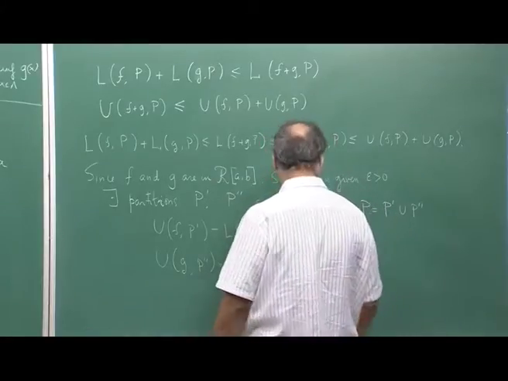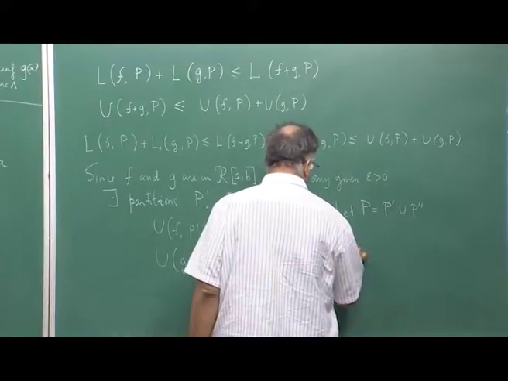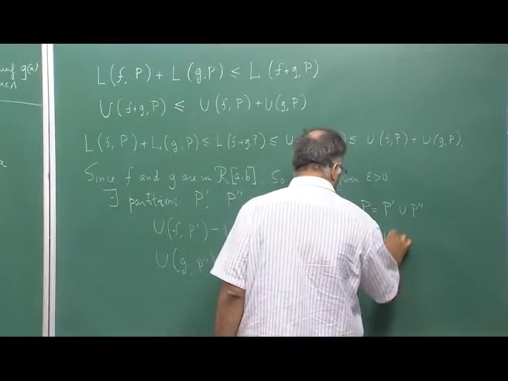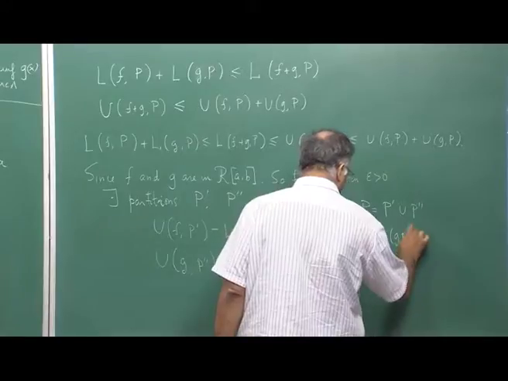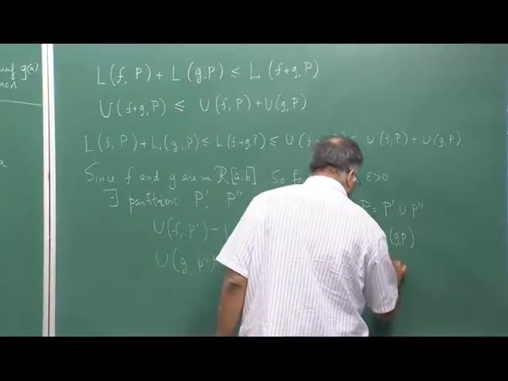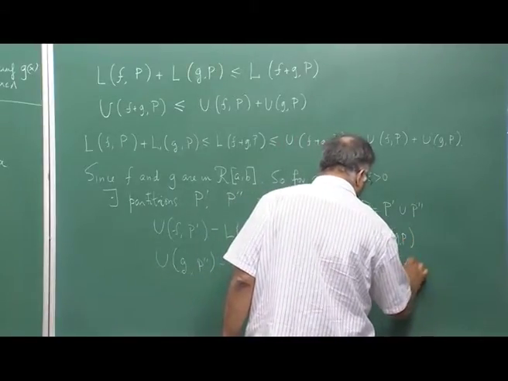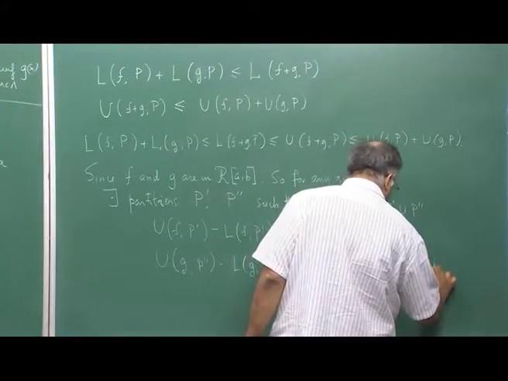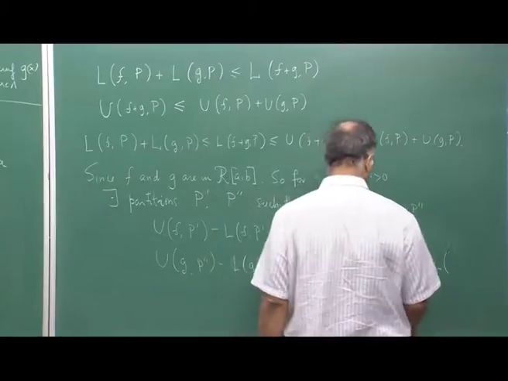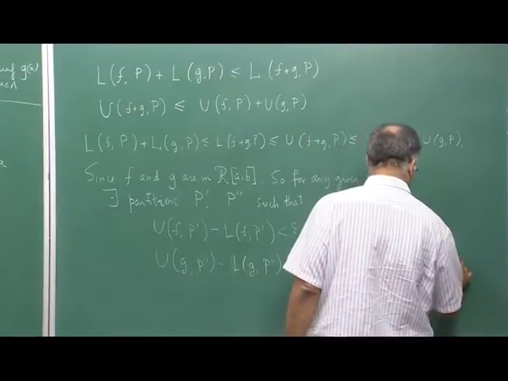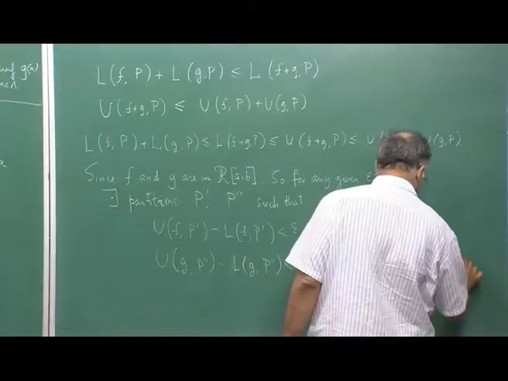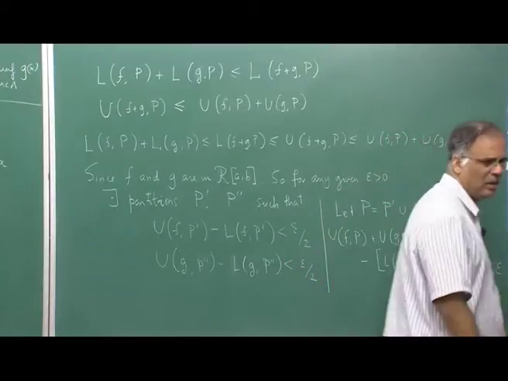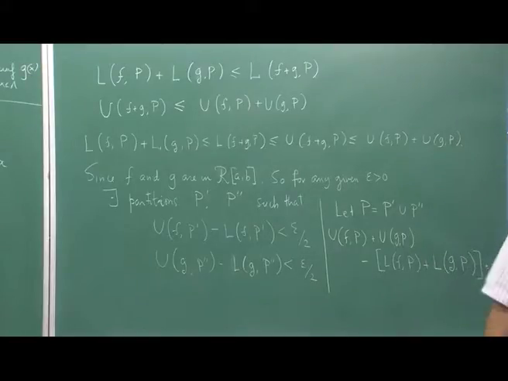So, what you can prove is U(f,P) plus U(g,P), minus L(f,P), basically now adding up, plus L(g,P), this thing is strictly less than epsilon. This is what you can finally prove.